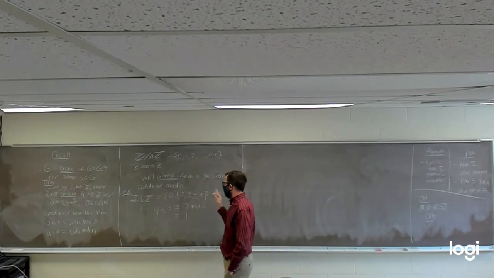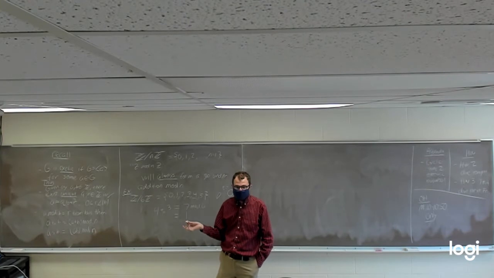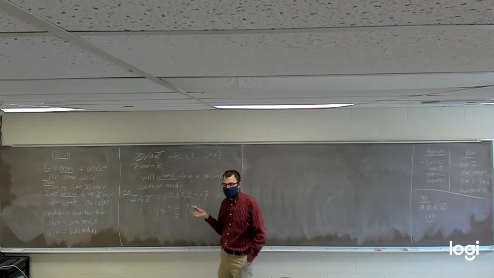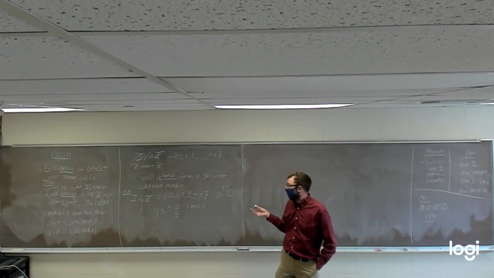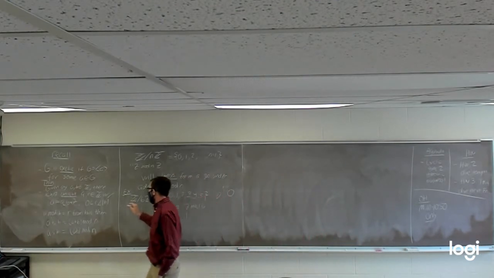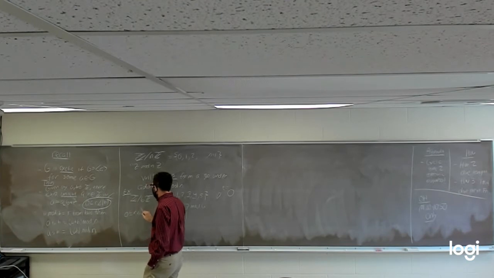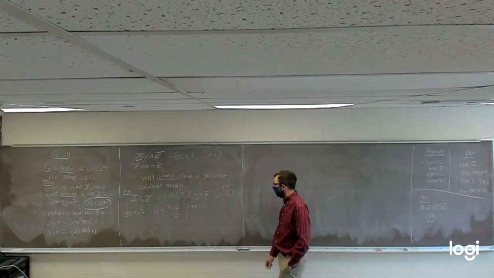Because if I were to take 4 plus 0 mod 6, that's just going to end up being 4 mod 6. And anything in this list mod 6 is just going to be itself, because these are already all numbers between 0 and 6, including 0, not including 6.